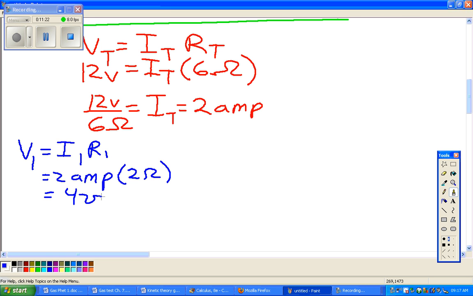You'd have 4 volts across resistor 1. You'll also see in the book that they call this EMF. EMF is the same thing as voltage. It stands for electromotive force.